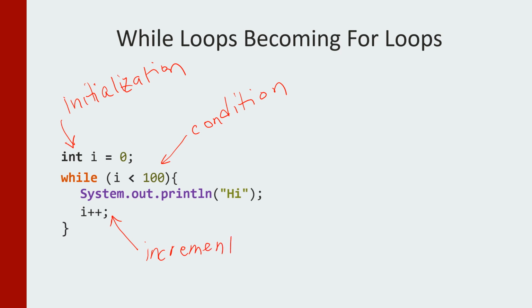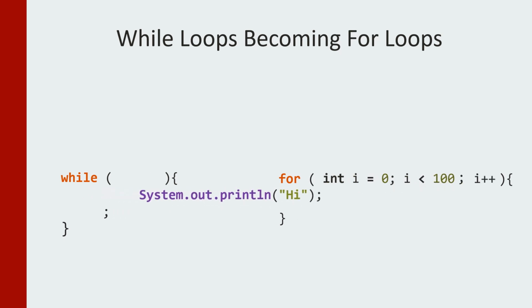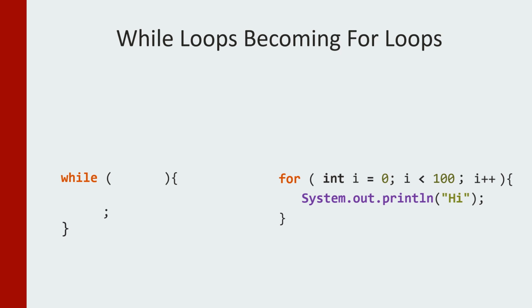All of that is going to move according to the syntax of the for loop. Int i equals 0, the initialization, i less than 100, and then i++ will all live inside the for loop statement, inside the parentheses, and the loop body will be moved inside the loop body of the for loop.